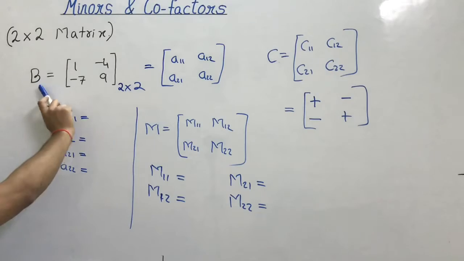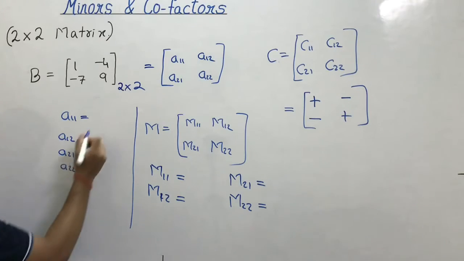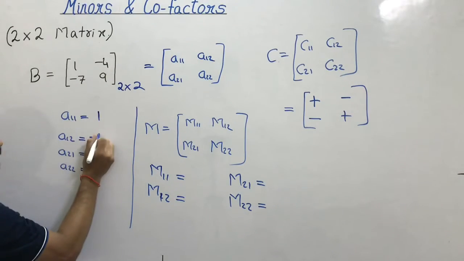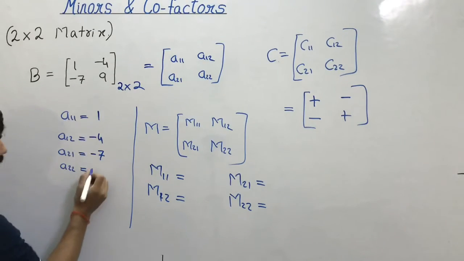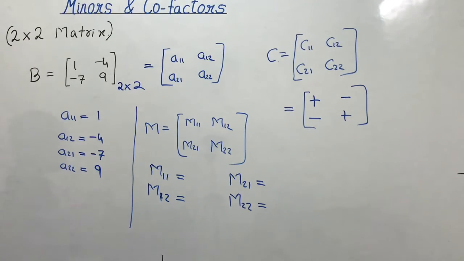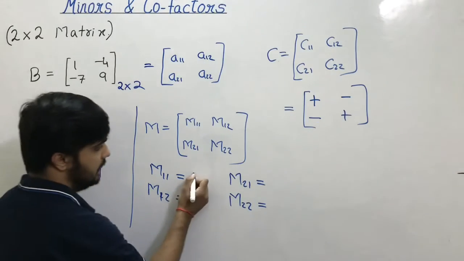They have given matrix B as 1, minus 4, minus 7 and 9. If you compare with this, what you get is A11 is 1, A12 is minus 4, A21 is minus 7 and A22 is 9. Now we'll directly find the minors in this case. For M11, what we'll do is neglect this and this. So what is left is 9.